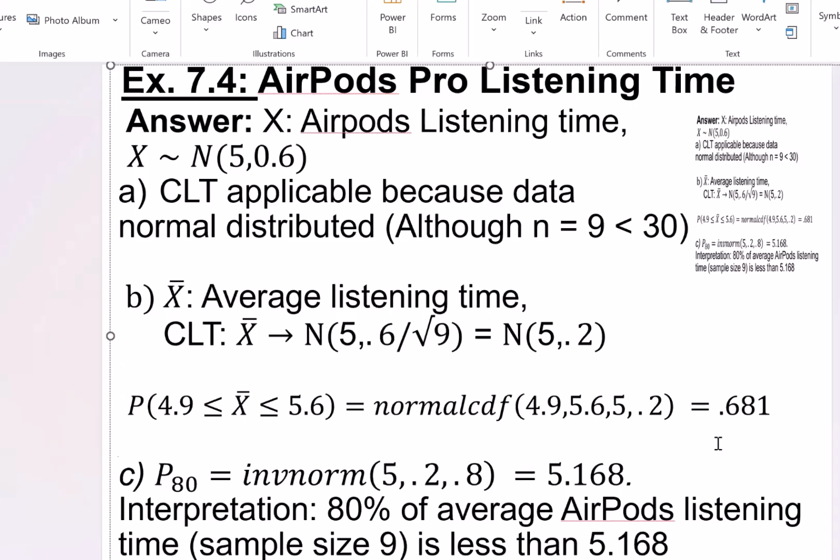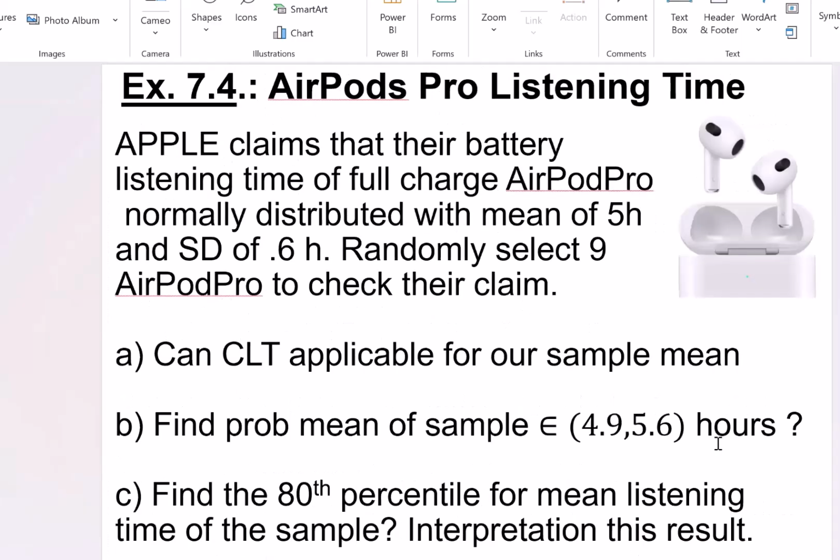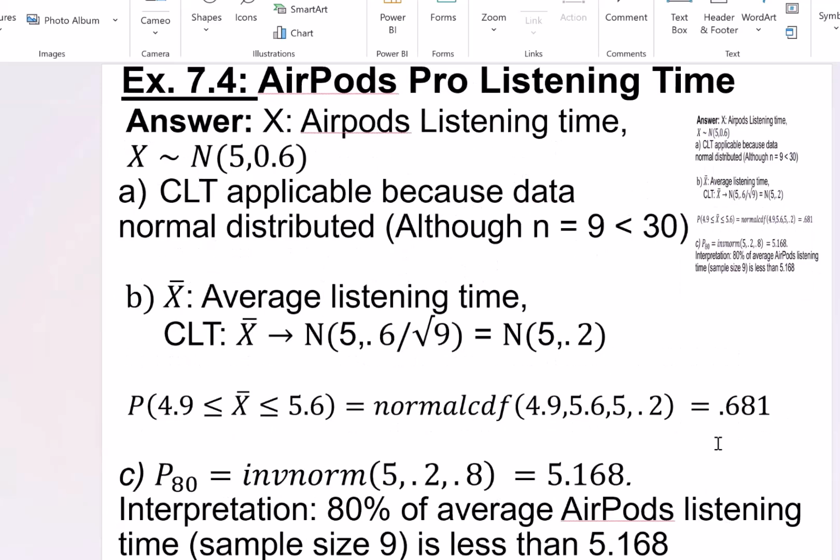And what is she asking? She is asking for the 80th percentile for the mean listening time of the sample, and the interpretation of this result. This is just the 80th percentile problem, so it's an inverse norm type problem.